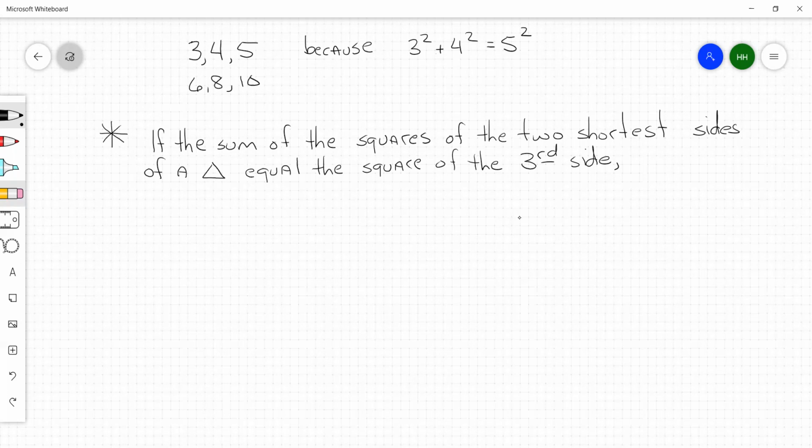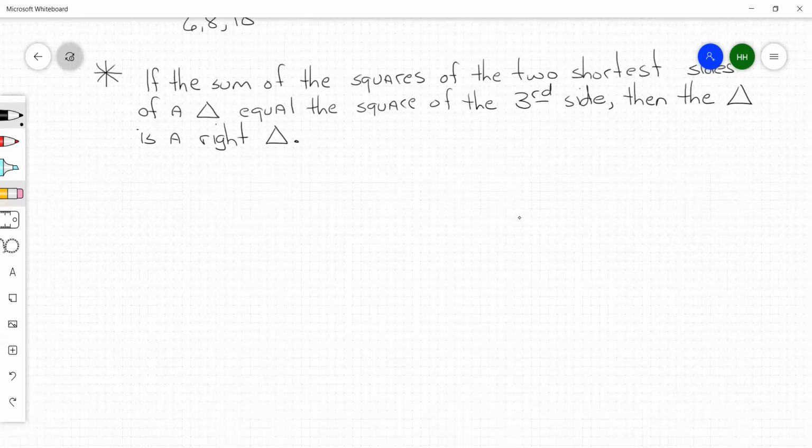Then the triangle is a right triangle. So you can also use the Pythagorean theorem to determine if a triangle is a right triangle or not.